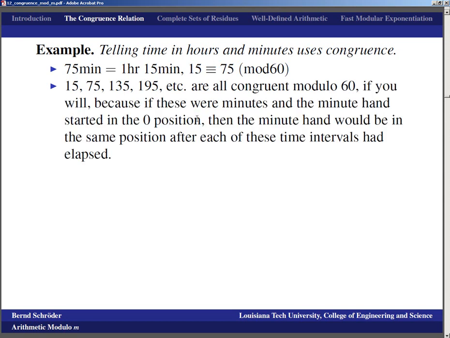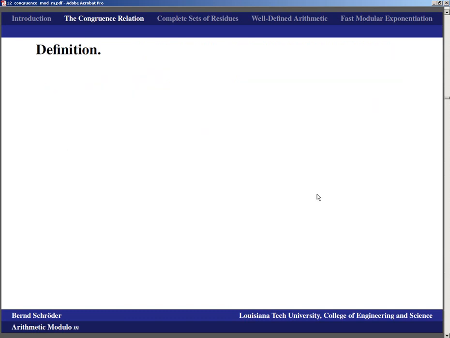And if you will, that is because if these were minutes, and the minute hand started in a 0 position, then the minute hand would always be in the same position after each of these time intervals had elapsed. That's why this modular arithmetic is also called clock arithmetic, for example, because we have the same kinds of wraparounds as we would have on the face of a clock.